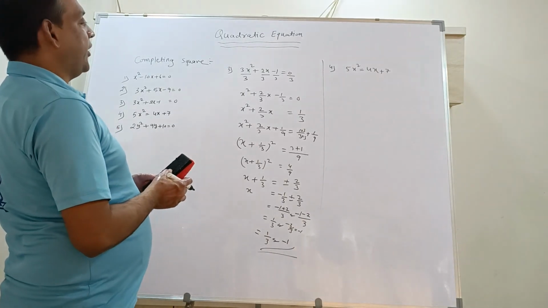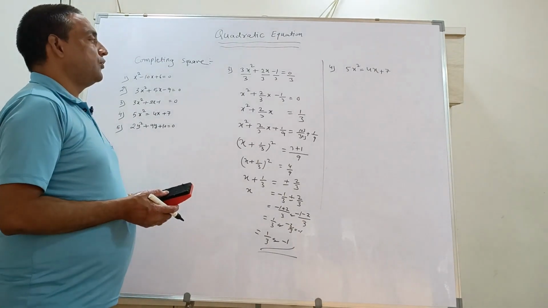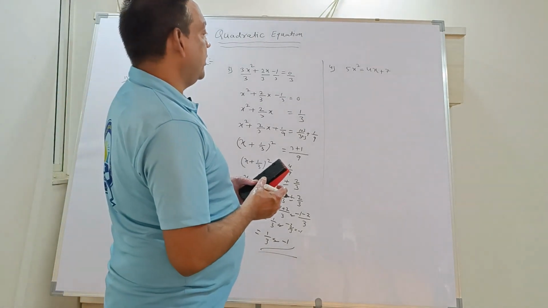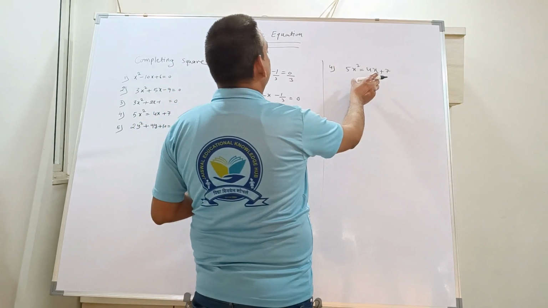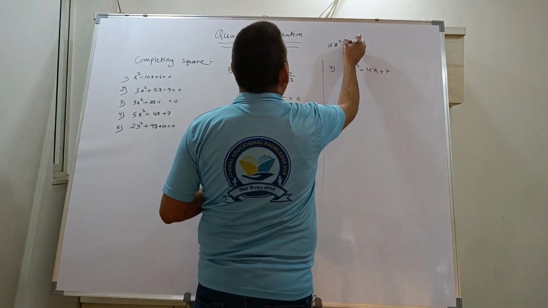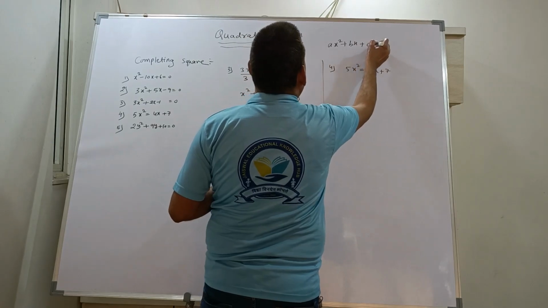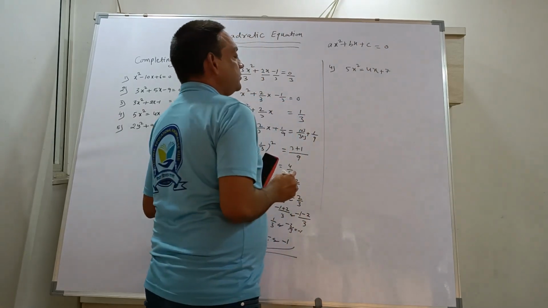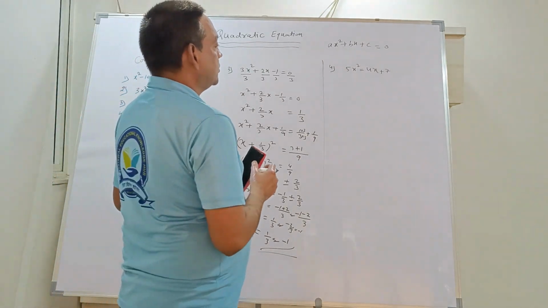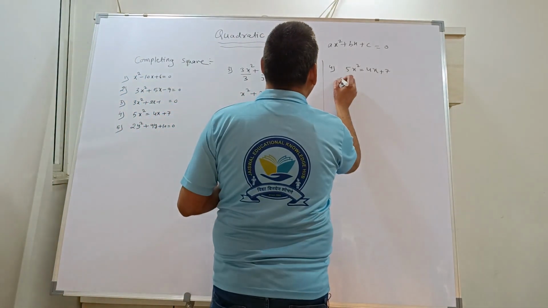Okay, same way we'll do the fourth one, which is given here: 5x square is equal to 4x plus 7. So what we have to do here is convert everything into the general form. What is the general form? ax square plus bx plus c equal to 0. Indirectly we have to write everything on one side.